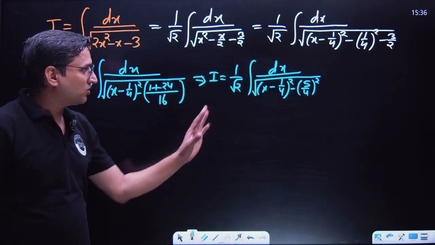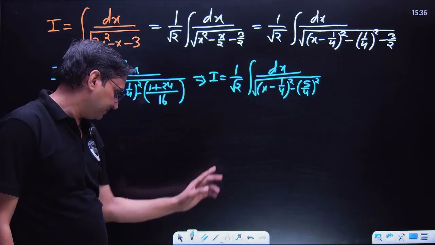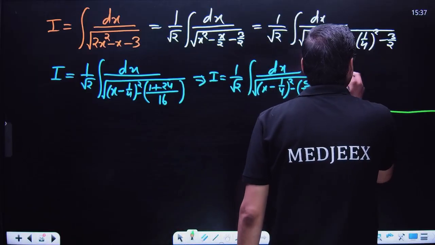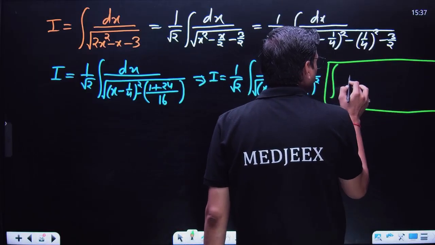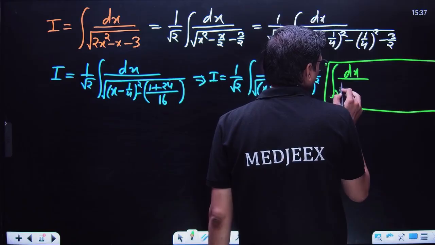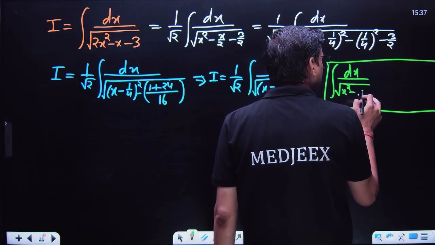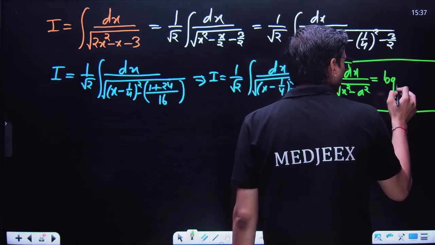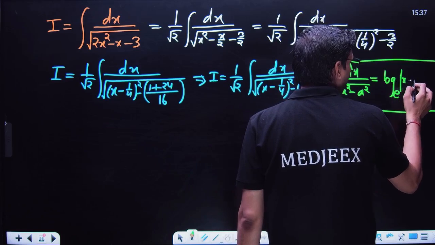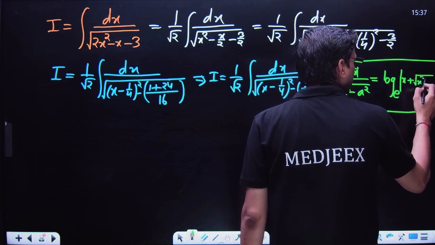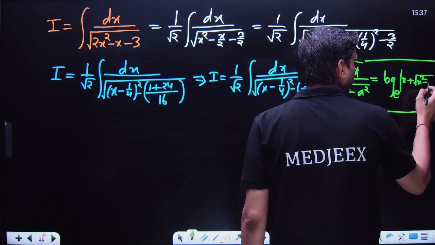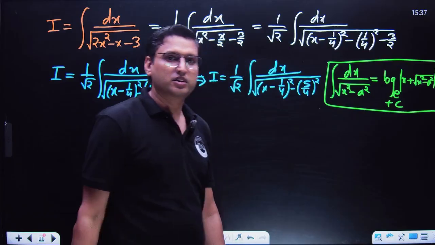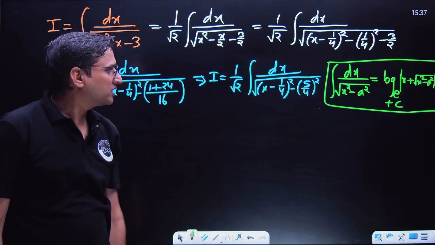Now think which type of integration it becomes. You have studied it. What is that? This is nothing but integration of dx upon root over x square minus a square, which is nothing but natural log of modulus of x plus root over x square minus a square, plus integrating constant. We have done it. Just apply it.